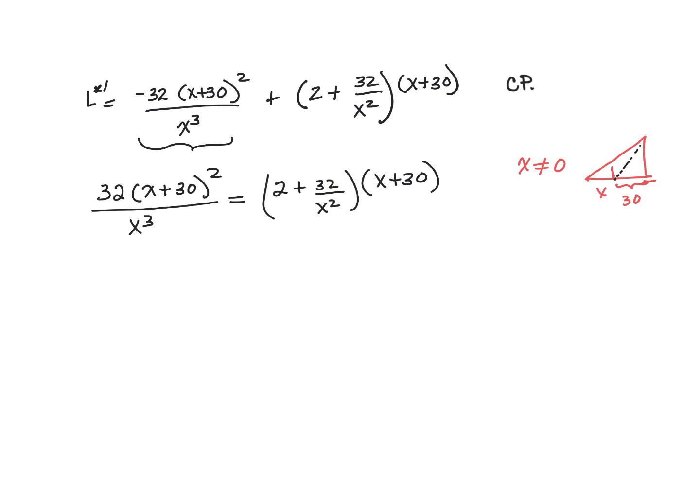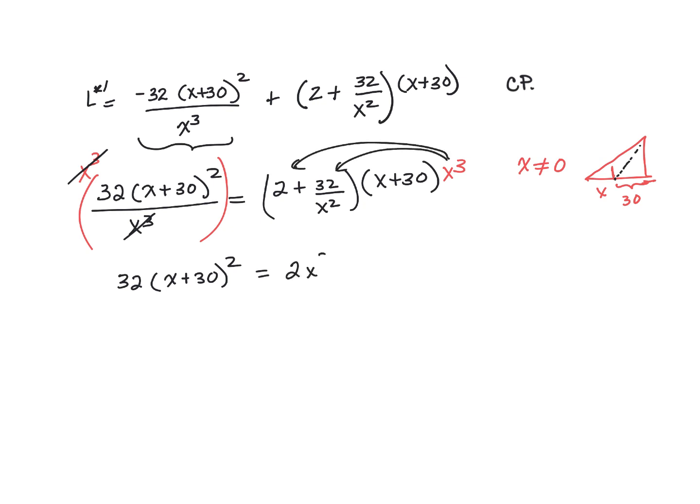So what I'm going to do now, because that is the case, is multiply both sides by x cubed. So that's going to go away on this side: 32 times x plus 30 squared. On this side, I'm going to distribute it through this first set of parentheses: 2x cubed plus 32x times x plus 30.